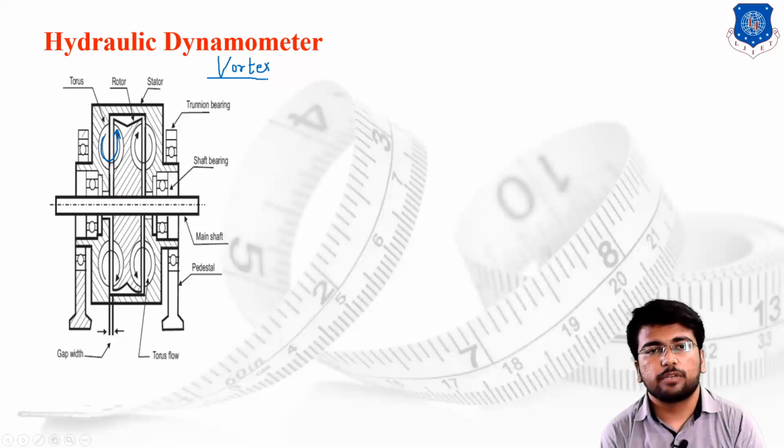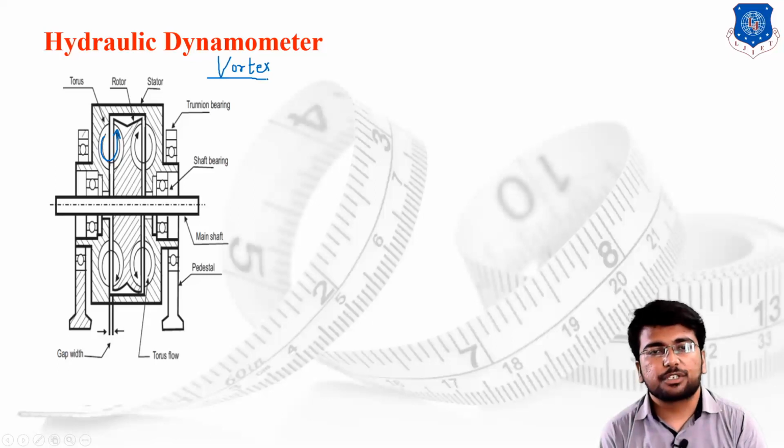The speed of the rotor will start decreasing, and it is directly attached with the main shaft. So we can say that due to the resistance of the vortex, the main shaft speed will slightly start decreasing from its original speed. Because of that, the shaft loses its speed, and some friction is generated. The friction is generated due to the vortex flow.